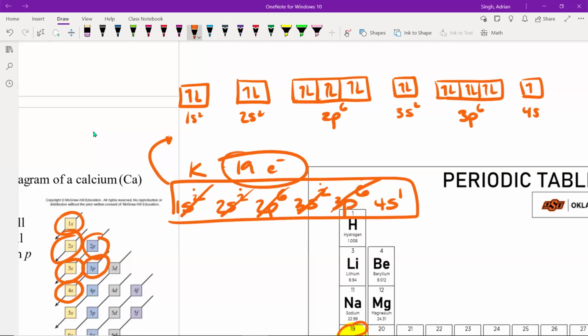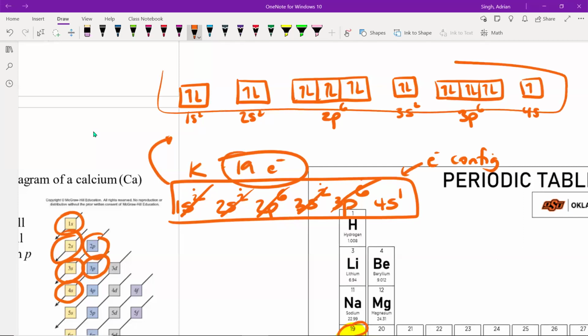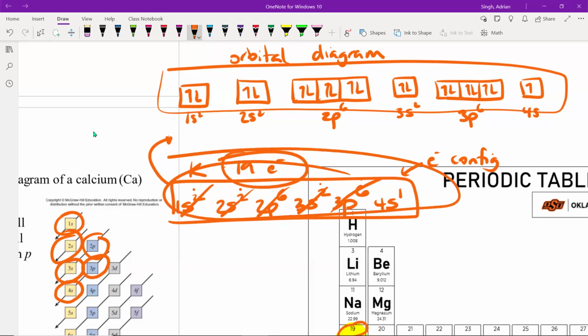And that's it. This here is your electron configuration, where you just have the 1s2, 2s2, etc. The box thing here, this is your orbital diagram. So those are the 2 different ways we can represent the electrons: the most efficient way, which is the electron configuration, or we can use the orbital diagram.